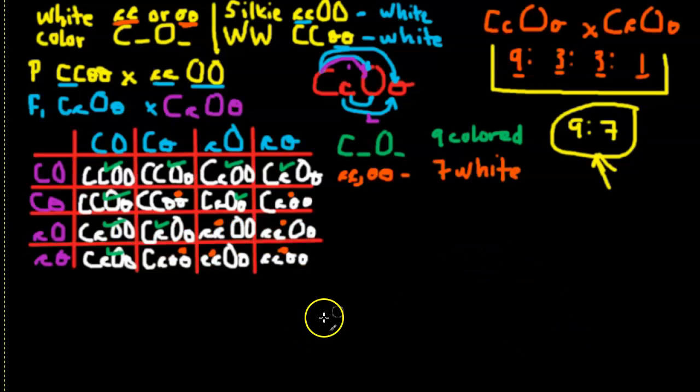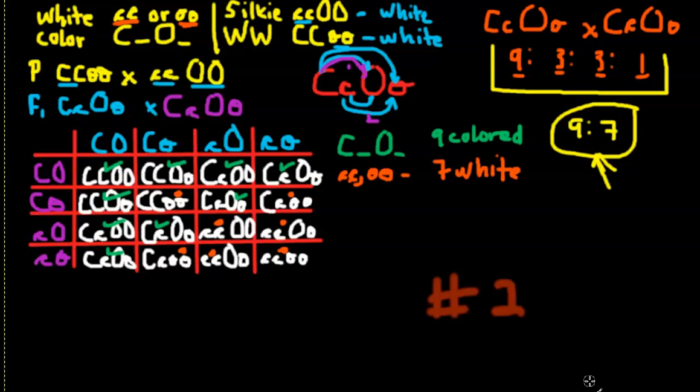So this is question number 2, dealing with epistasis. Genetic problems number 2, dihybrid. So this is a dihybrid, and we're going to show you an example of epistasis. So let's read what it says. If you have your handout, ready?